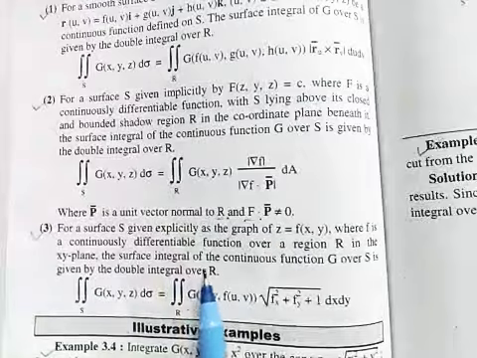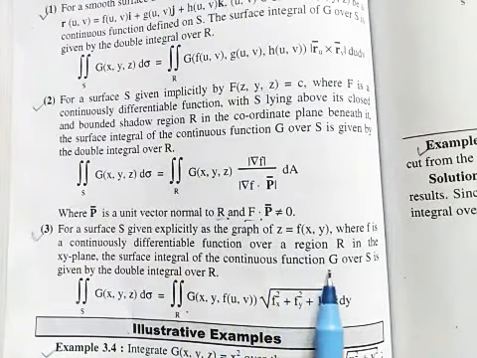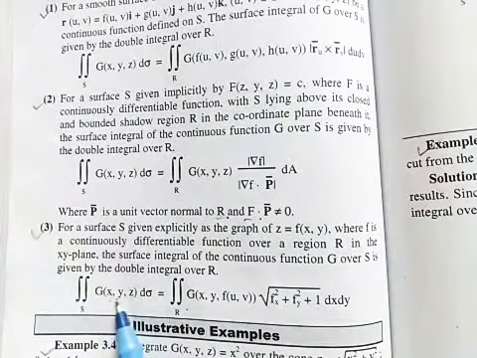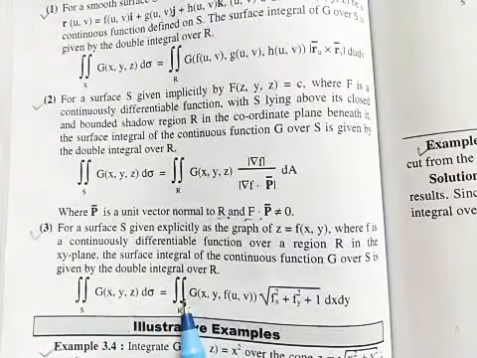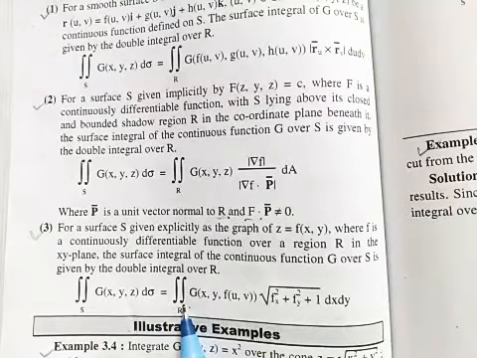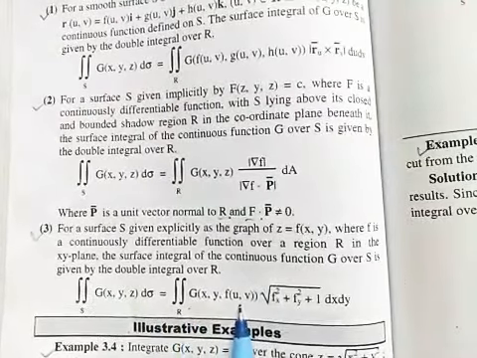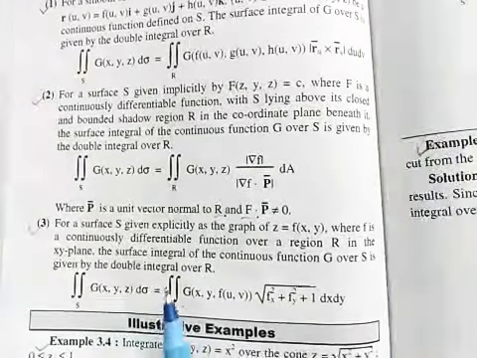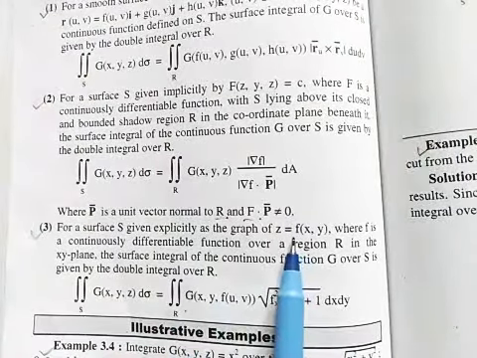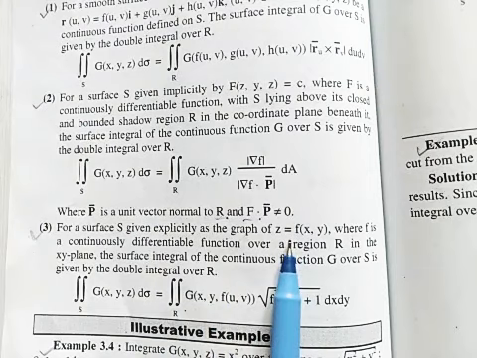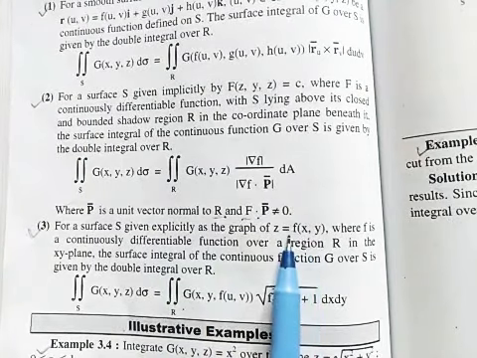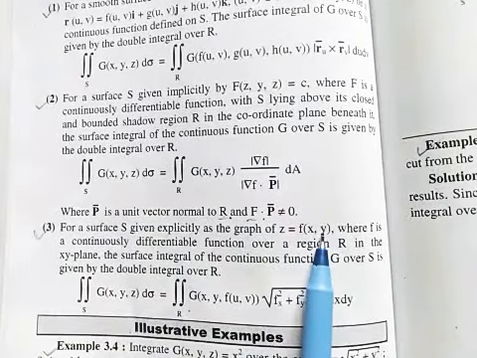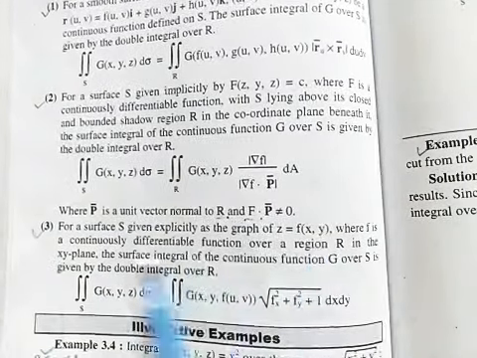The surface integral of the continuous function g over S is given by the double integral over R of g of xy times the square root of fx square plus fy square plus 1 dx dy. Graph of this function is given, where f is continuously differentiable over the given region in the xy plane.